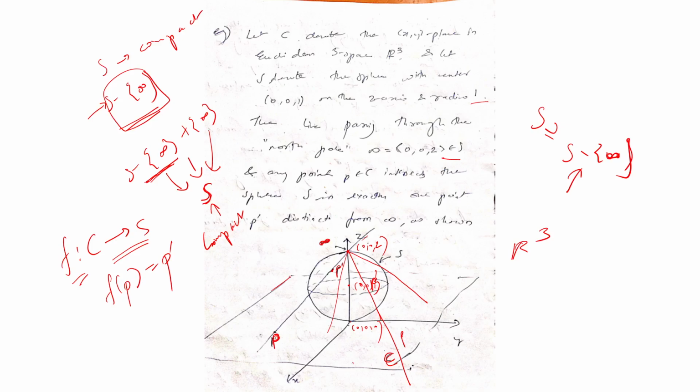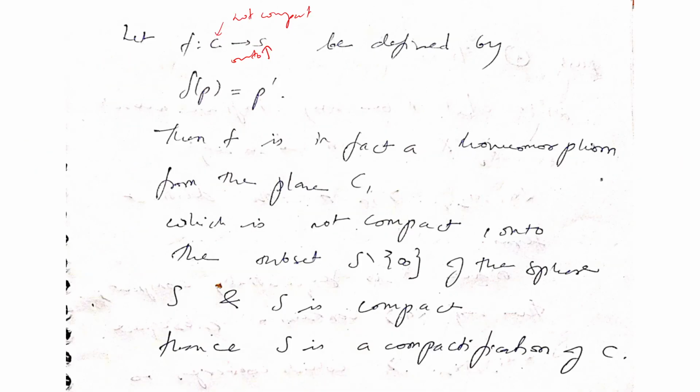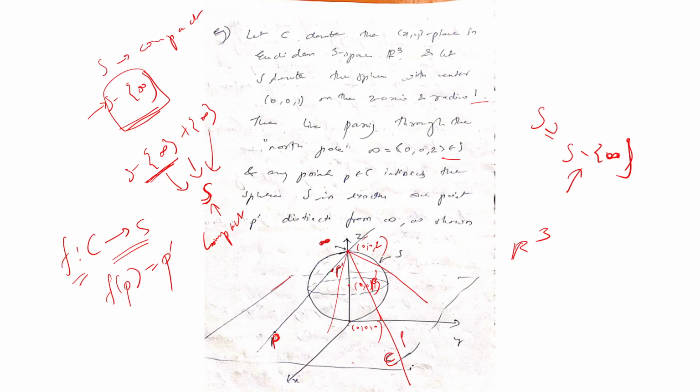But this is homeomorphic to what? C. So we can say that S is a compactification of C. So we can map the whole C onto this sphere S.